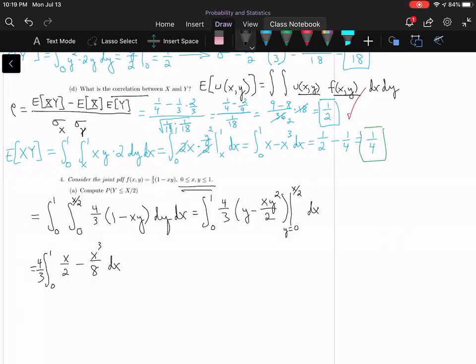Now we have a polynomial. We're integrating with respect to x. So we've got 4/3 out front. This is going to be x squared over 4 minus x to the 4th over 32, which we are evaluating from 0 to 1. So that gives us 4/3 times 1/4 minus 1/32.